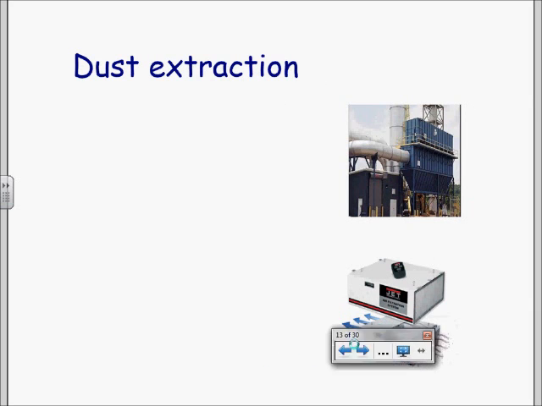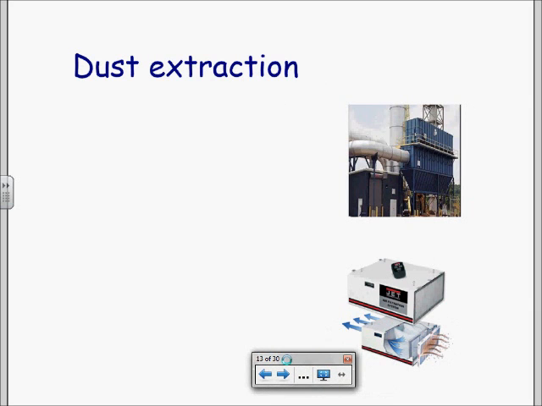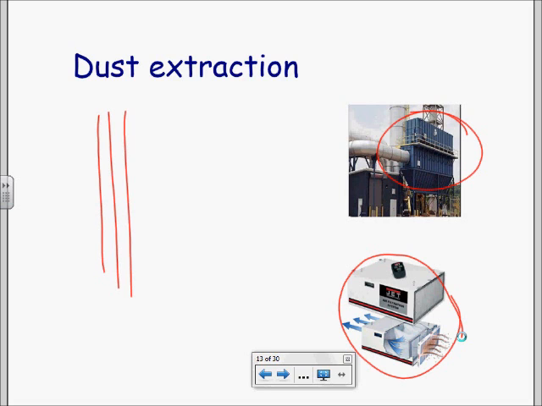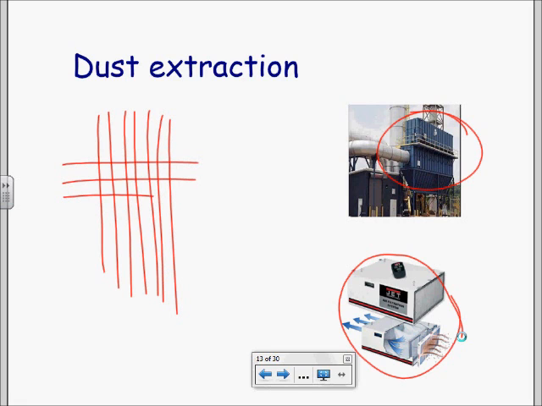A couple of other little illustrations here. Dust extraction down the bottom is an air filter, effectively extracting stuff from the air. This thing up here is some sort of extractor device. Basically, if you've got a grid, I'm looking down on top of this grid here, and if this grid is charged, we've seen in class how neutral objects like a little piece of paper are attracted to a Van de Graaff generator.